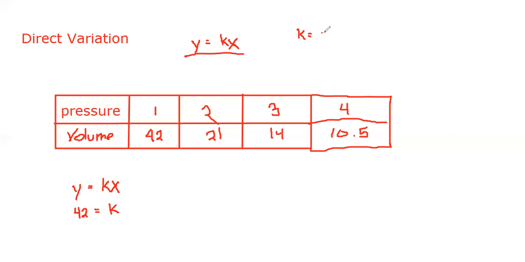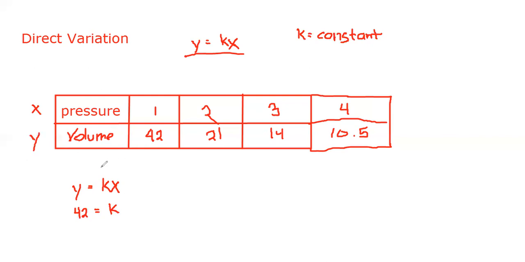So, kapag direct variation, they have the common constant. Isa lang yung constant nila. Kaya nga constant eh, diba? Hindi nagbabago. Let's assume that pressure is the x and y is the volume.